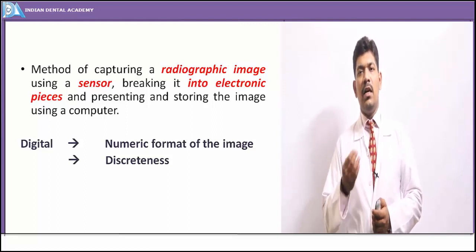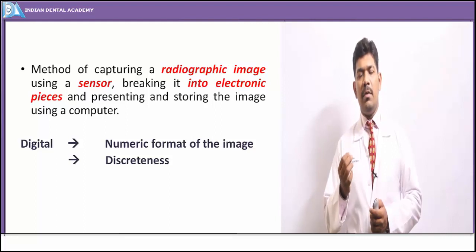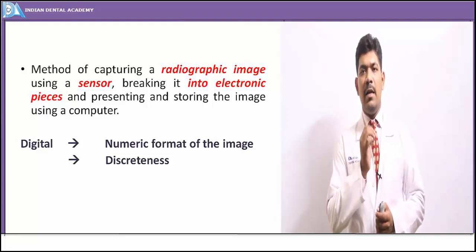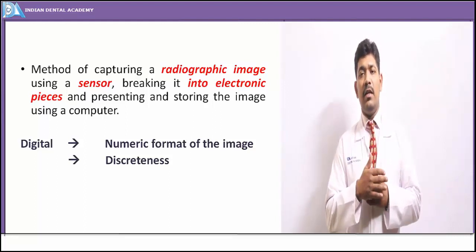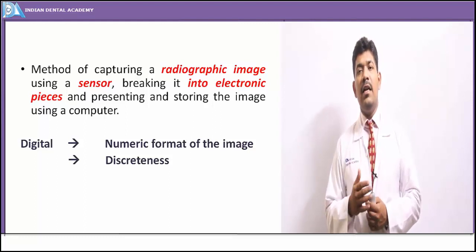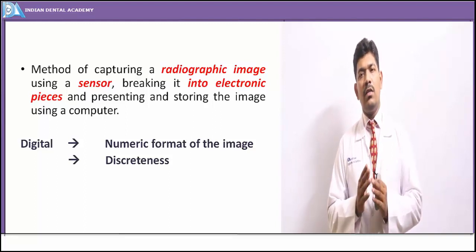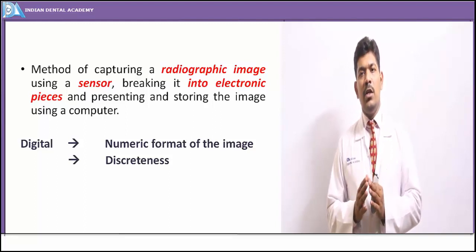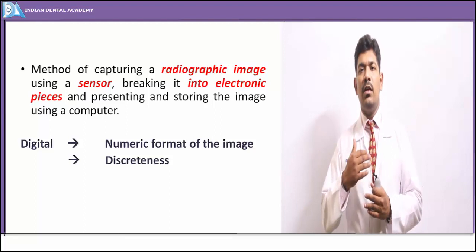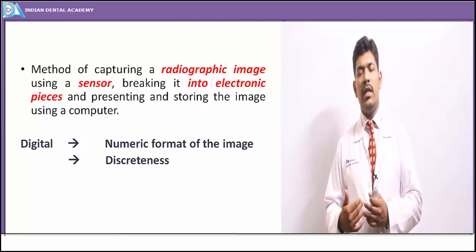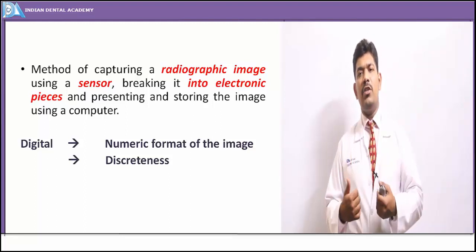That is to say, a number is given to a particular pixel depending upon the degree of lightness or darkness. Combine all these numerics and you get the entire picture, which has both the radiopaque and the radiolucent areas and the different shades of gray.